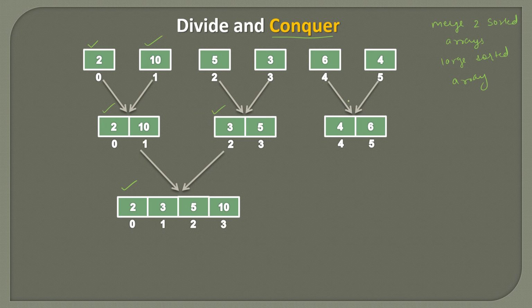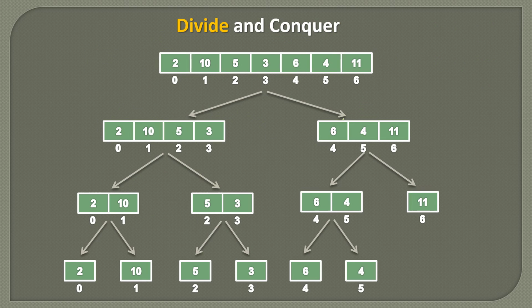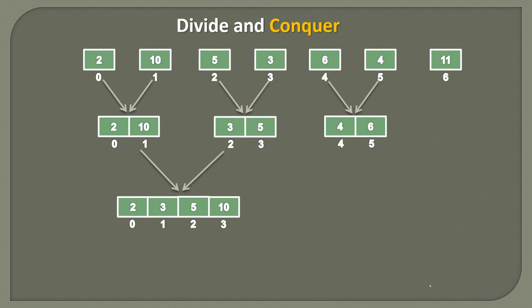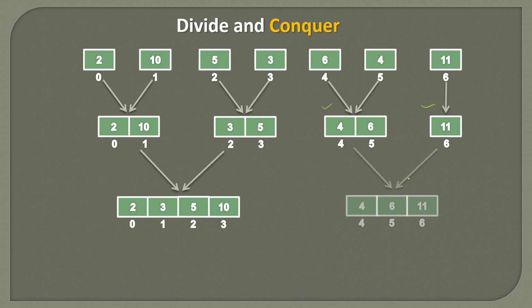And similarly we did here. After sorting 4 and 6, as 11 is the only element left, it comes here and then we have two sorted arrays. We try to merge them, so we get 4, 6, 11. And now the algorithm sees that we have one sorted array and another sorted array.